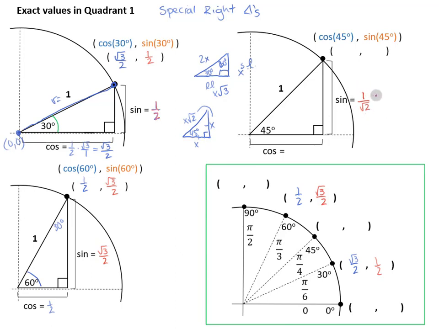Now, we're not supposed to leave radicals in the denominator. Okay. So to get rid of it, we multiply top and bottom by square root of 2, and we get the square root of 2 over the square root of 4, but the square root of 4 simplifies to 2. So that is the sine of 45 degrees.